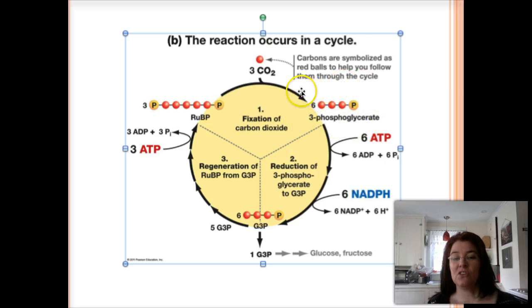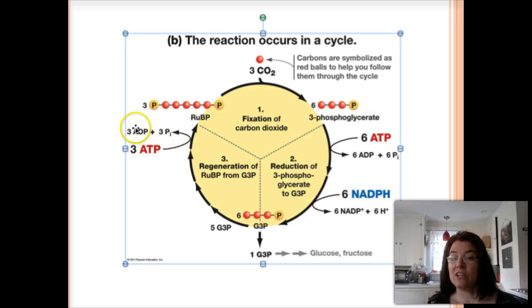This 3-phosphoglycerate is fed into the second stage, the reduction stage. ATP gets hydrolyzed, NADPH gets oxidized, and we create this molecule, G3P. Again, a 3-carbon molecule. Some of the G3P feeds out to create glucose and fructose and other carbohydrates, and the rest of it regenerates RUBP.